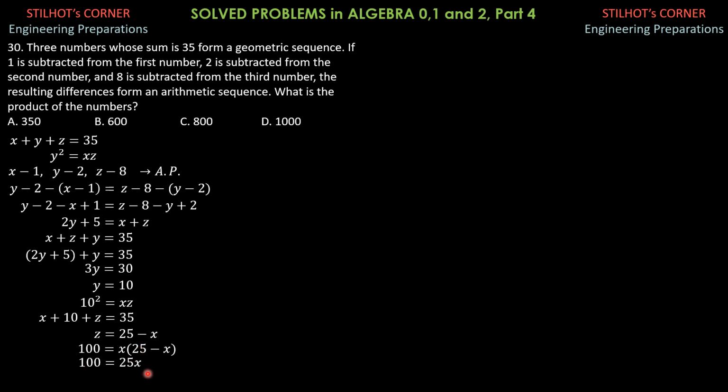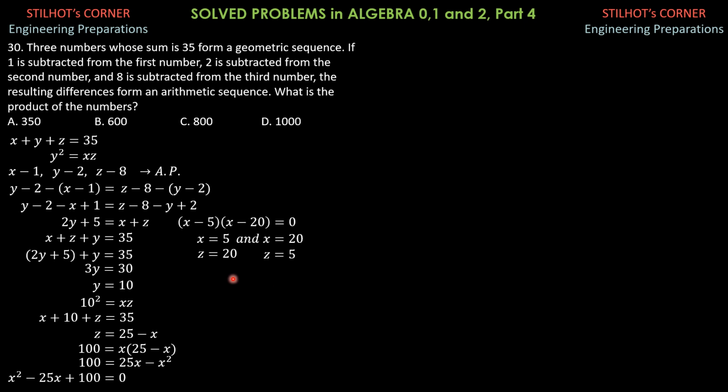Distribute, 100 equals 25x minus x squared, or x squared minus 25x plus 100 equals 0, which can be factored into x minus 5 and x minus 20 equals 0. So x is 5 and x is 20. When x is 5, z is 25 minus 5, so z is 20. And if x is 20, z is 25 minus 20, so 5.